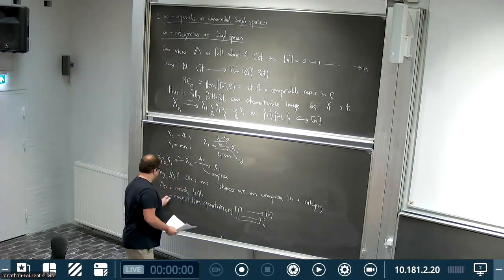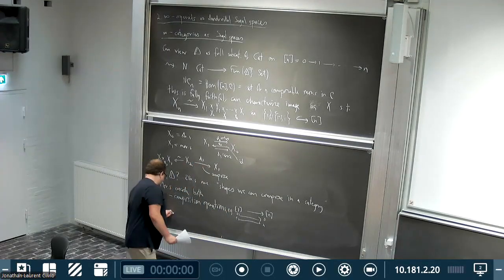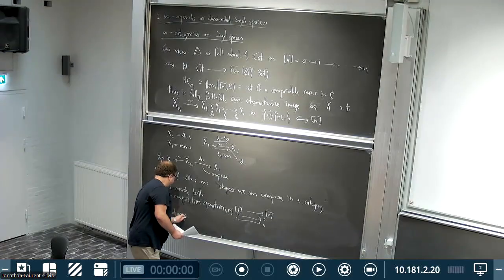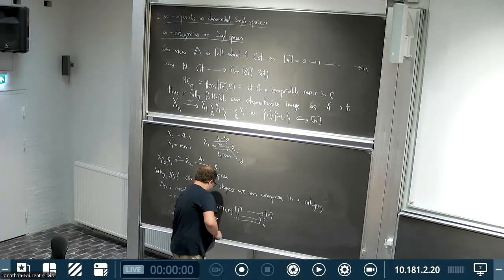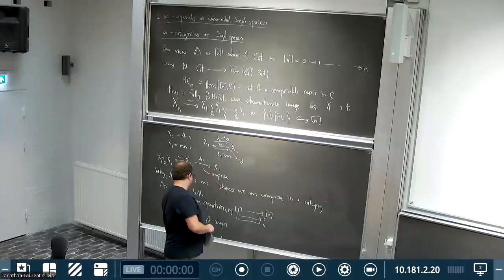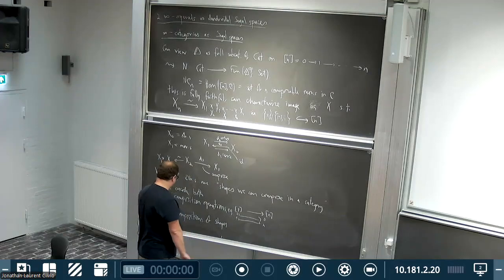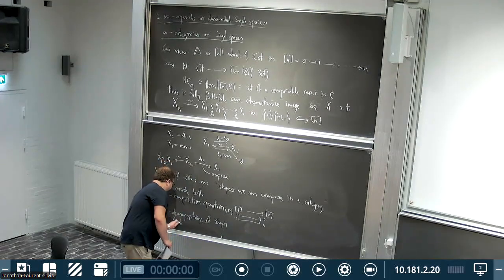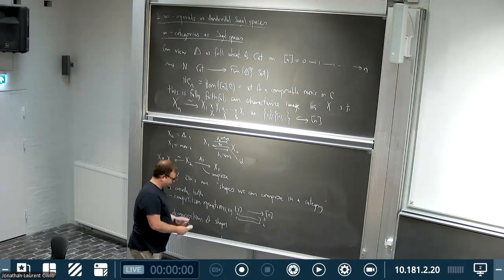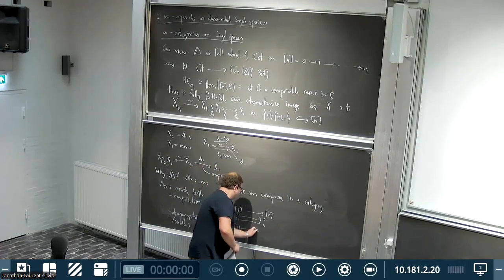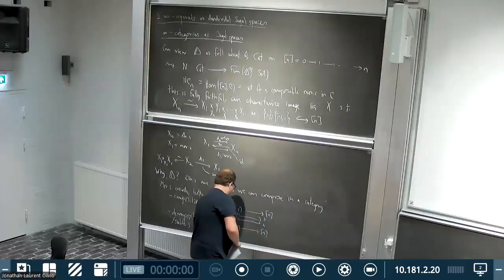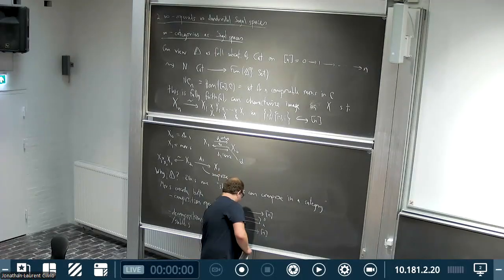But then we also have that the morphisms in delta can encode decompositions of these diagrams and shapes. So for example, we have the map from [1] to [n] given by 0 goes to i-1 and 1 goes to i.